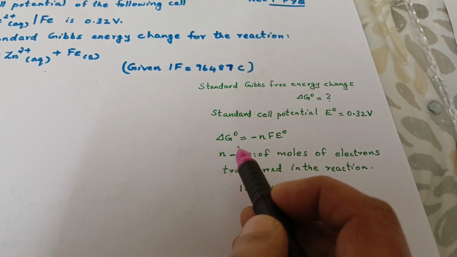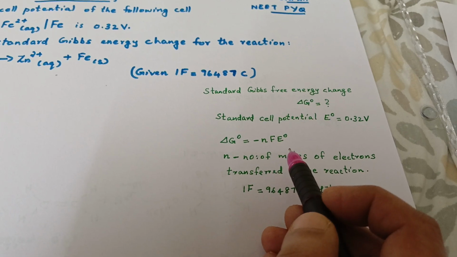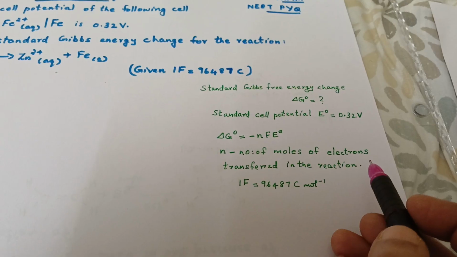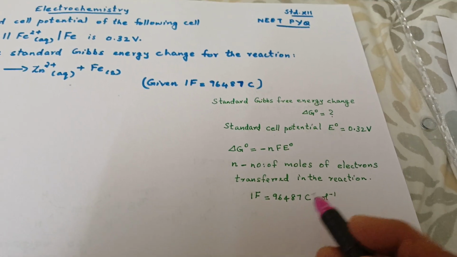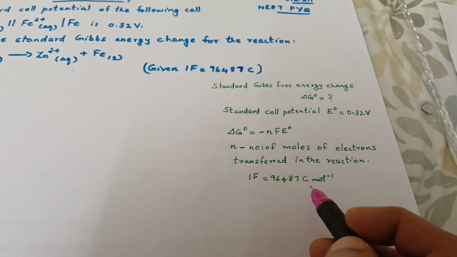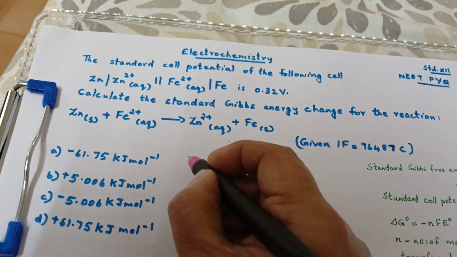Delta G naught equals minus nFE naught, where n is the number of moles of electrons transferred in the reaction. And 1 Faraday is given as 96,487 coulomb per mole.